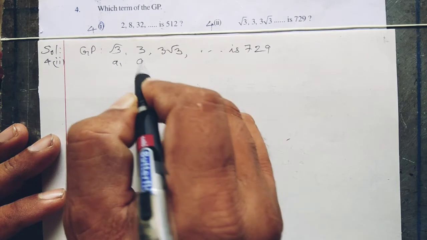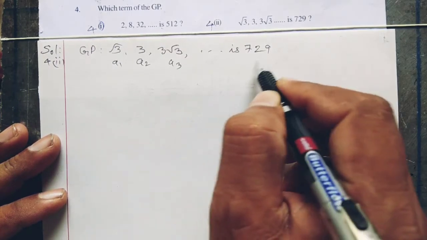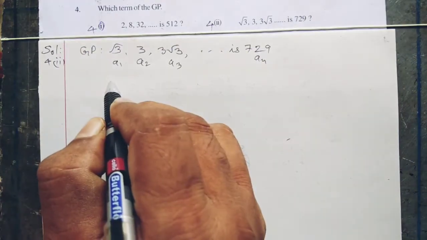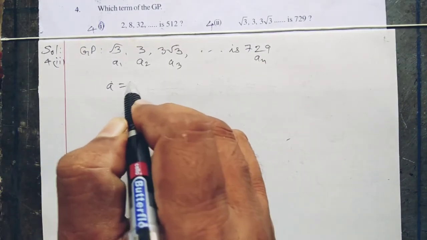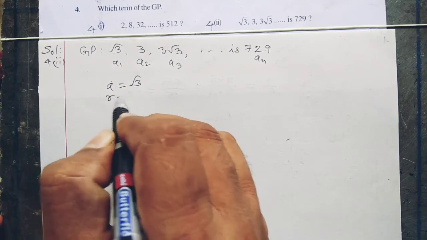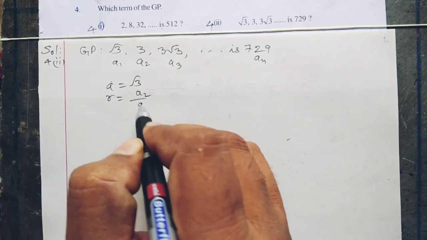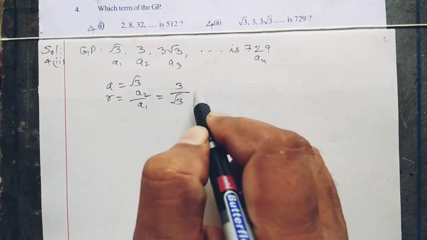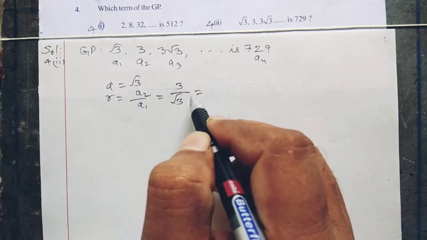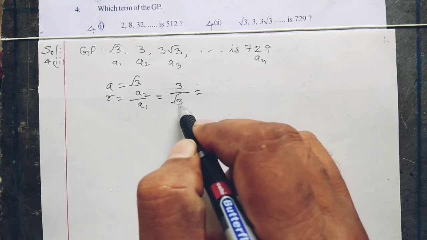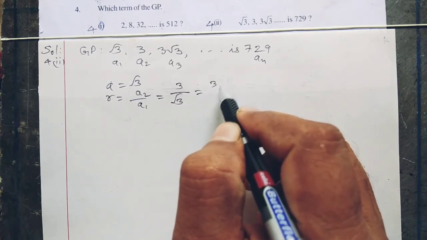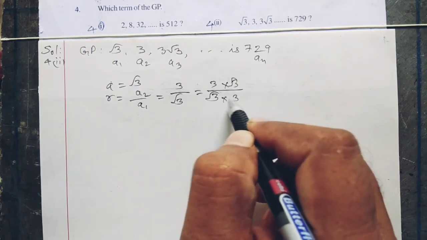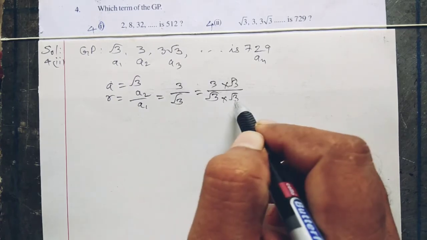Terms are a1, a2, a3 and so on, an. So a is equal to root 3, r is equal to a2 by a1, 3 by root 3. We have to rationalize this with root 3, 3 by root 3 times root 3 by root 3.